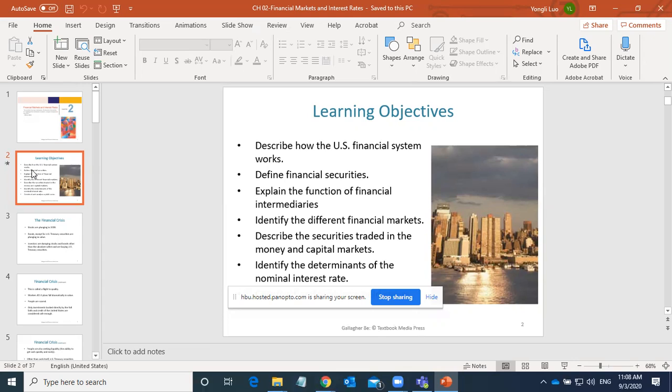Identify the different financial markets. Describe the securities traded in the money market and the capital market. Okay, those are the learning objectives.